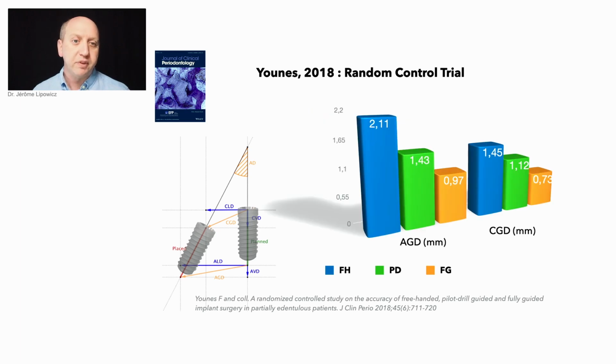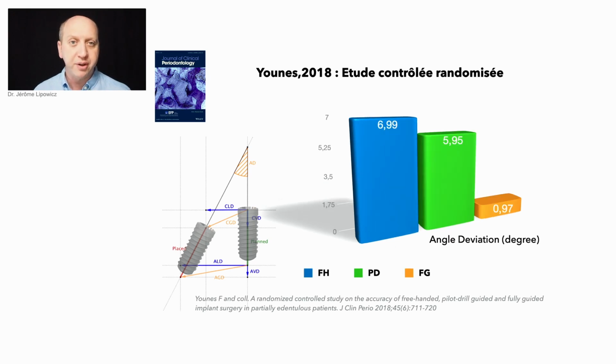And they show us pretty good results regarding the deviations, where full guided surgery numbers were better than pilot drill guidance, which is also better than freehand surgery. But the most interesting part is that the deviations in terms of angulation for the pilot drill guidance are quite close to freehand surgery. And there is a big difference between pilot and full guidance.